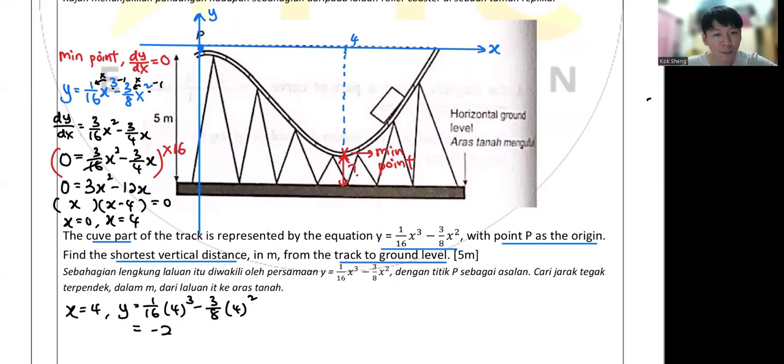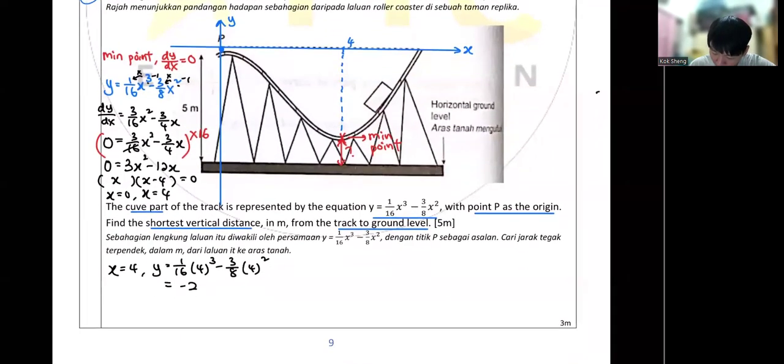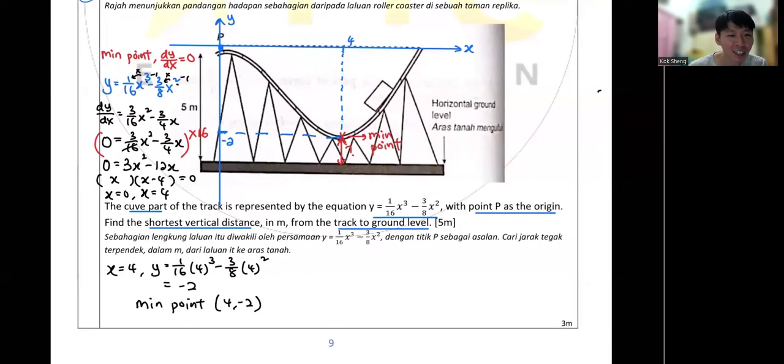Ta-da! Negative 2. So your minimum point is 4, negative 2. So here is 4, here is negative 2. Doesn't seem like 2 also, but we have to follow, okay? The picture is not really accurate.